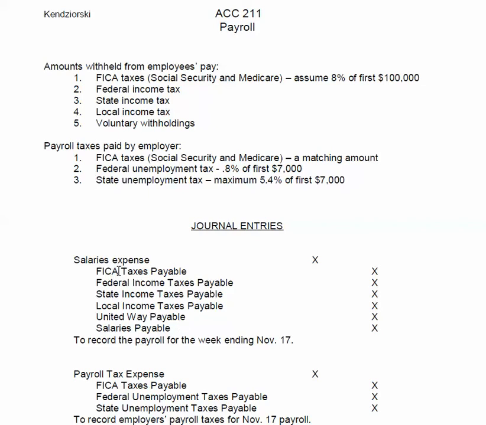Now FICA, which is Social Security and Medicare, has a limit to it. And our authors are assuming 8% of the first $100,000. That's not exactly right today. In fact, that changes every January 1st.